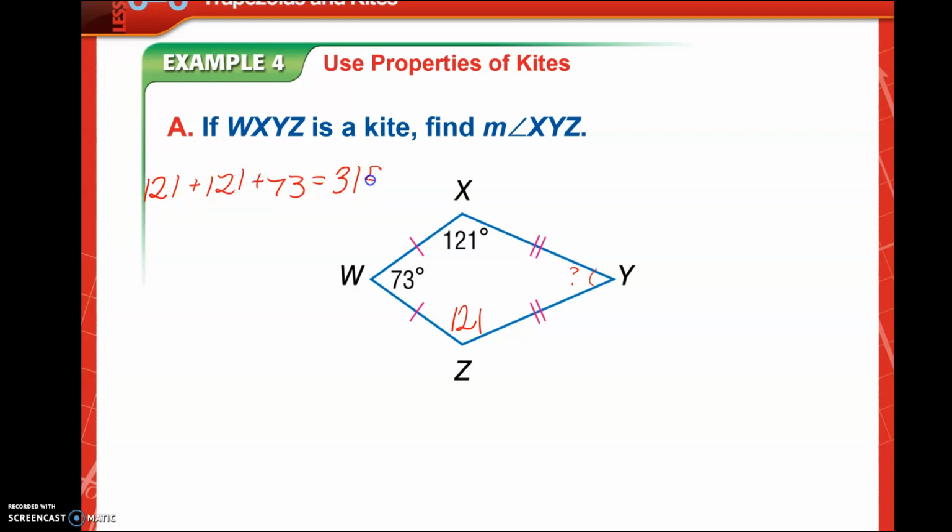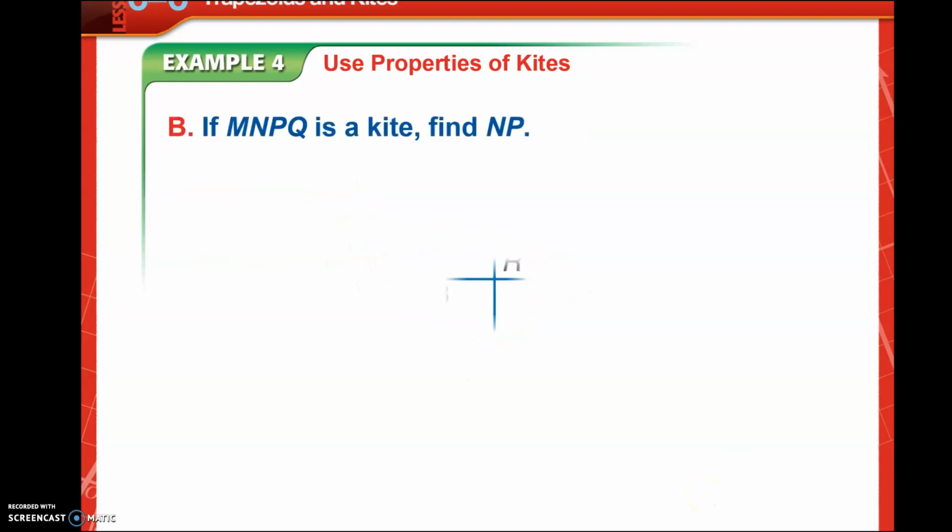That equals 315, and subtract it from 360. 45 degrees. No, it's a kite because these are equal. That makes those two equal, and then total is 360.